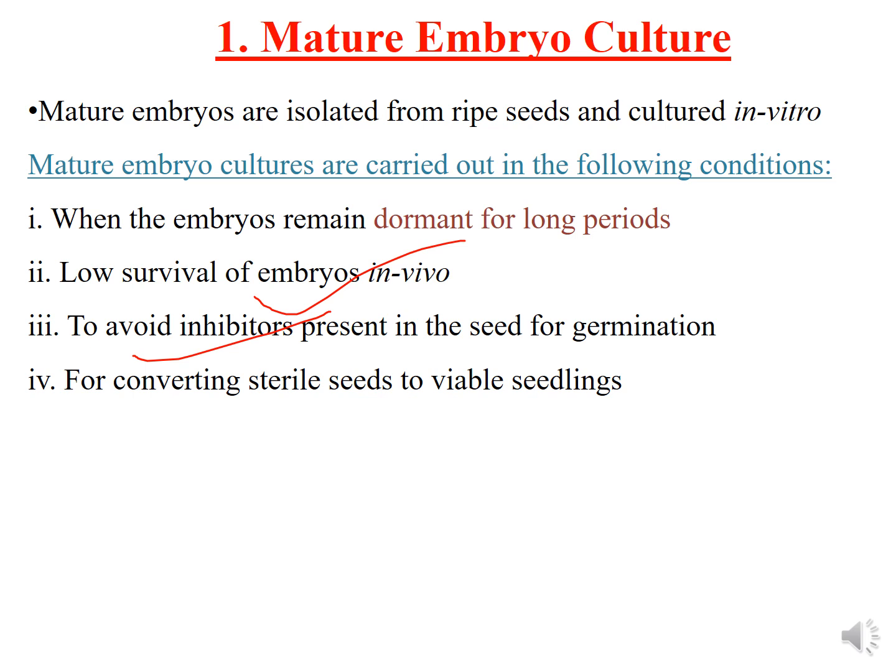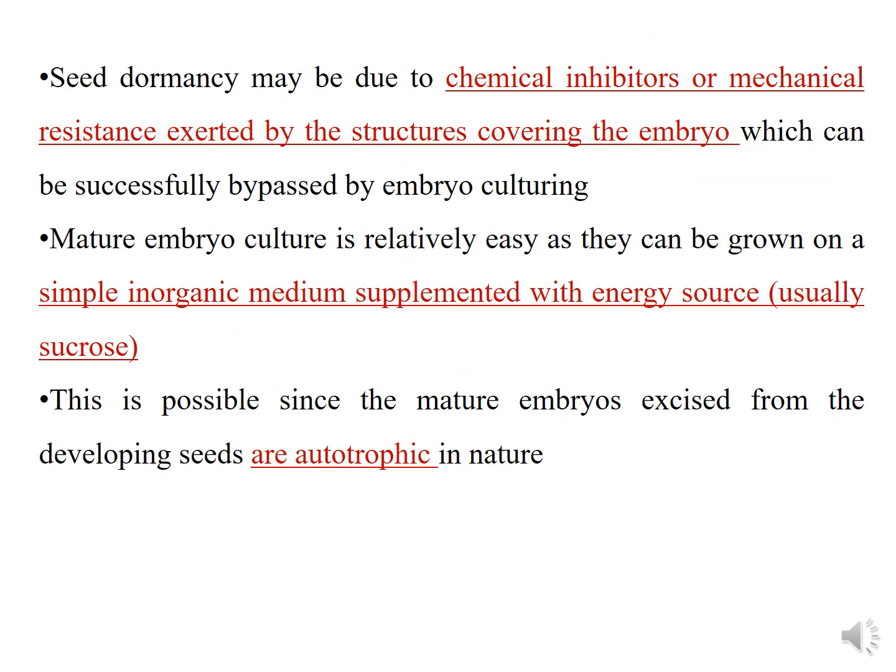Inhibitors means whatever chemical substances are present in the seed coat, endosperm or cotyledons that inhibit the germination of the seed. Also seed dormancy, which may be seed coat imposed dormancy or environmental dormancy; here we can overcome seed coat imposed dormancy by mature embryo culture, and also convert sterile seeds into viable seedlings.